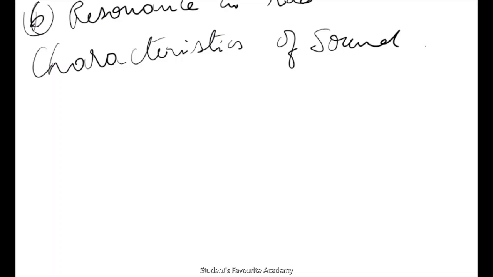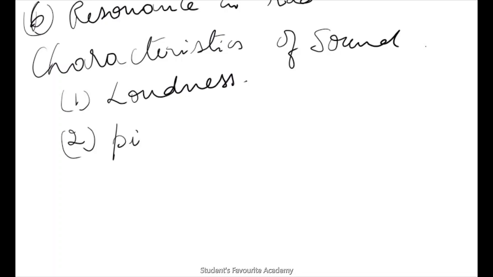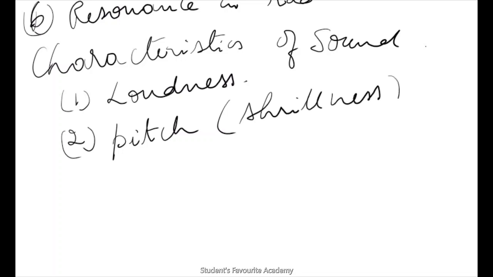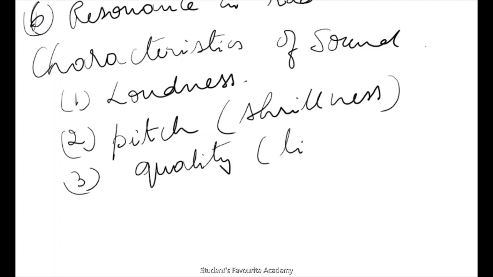One is loudness, second is pitch, or in our common language we call it shrillness, and the third is quality. The scientific term is timbre. So, these are the three important characteristics of sound. Let us learn about each one.